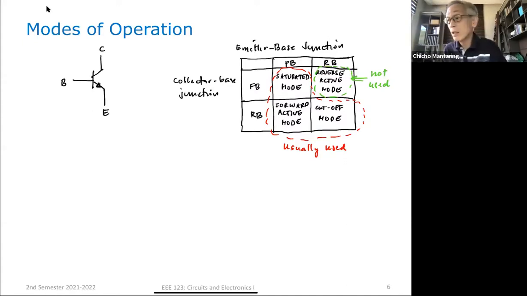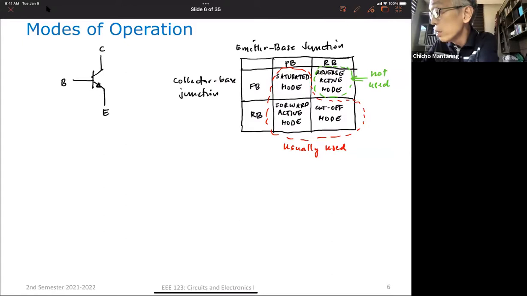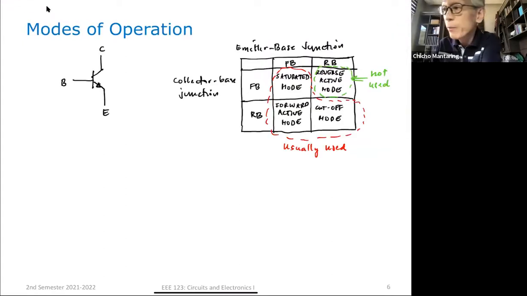By the way, for your NPN transistor, the reference directions for current will be as follows. This is going to be your collector current, going inward. This is your base current, also going inward.